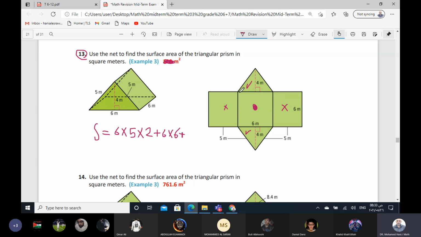Find the area of one triangle, which will be 1 over 2 times the base, 6, times the height of the triangle, 4. Then multiply by 2 because we have two congruent triangles.